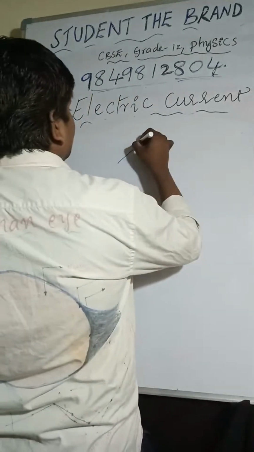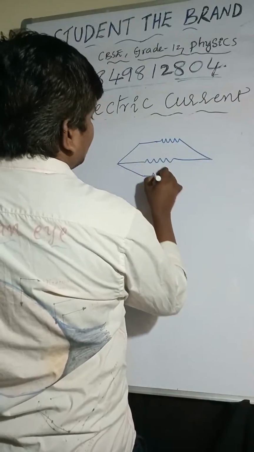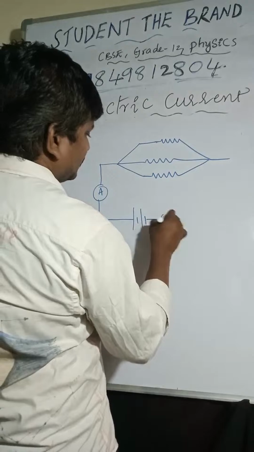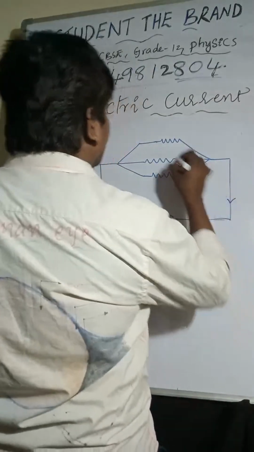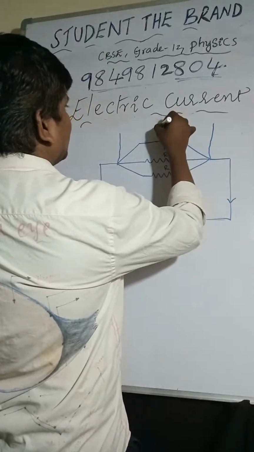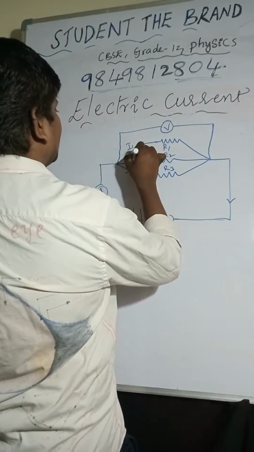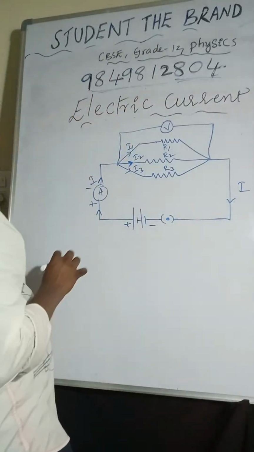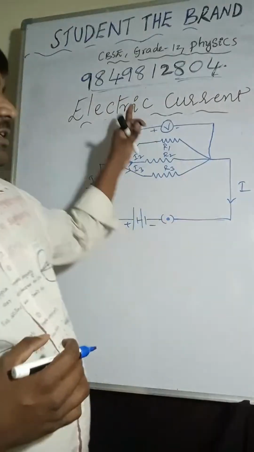Now you can observe here. So current is dividing, but potential difference is same.